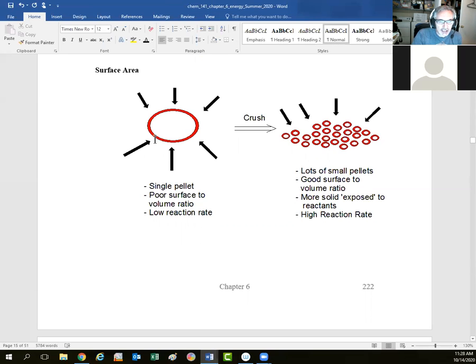But if you take that chemical and crush or grind it up into a fine powder, although you have the same total volume of chemical, you've got a much greater surface to volume ratio. More of the chemical is exposed to the surface and therefore exposed to chemical collisions. So that causes an increase in collisions and an increase in the rate of the reaction.